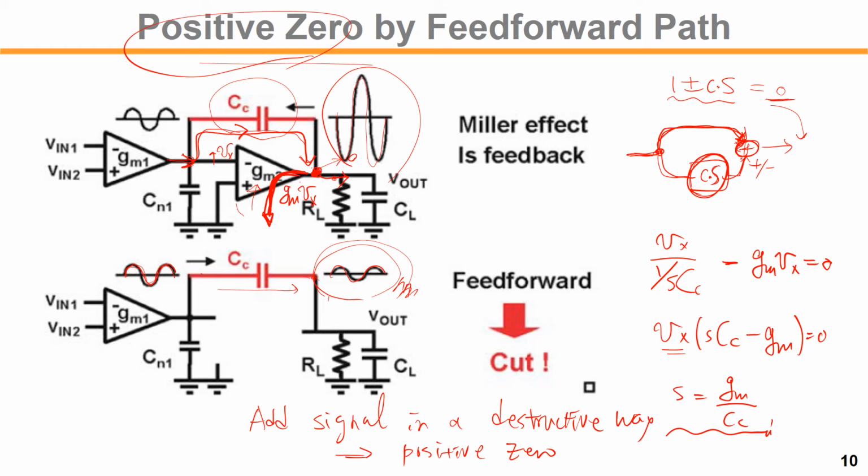On the other hand, if you add the signal in phase, I mean, if both signals are in phase, then the resulting zero will be a negative zero, so a left half plane zero. Okay. So a positive zero results in additional phase shift.